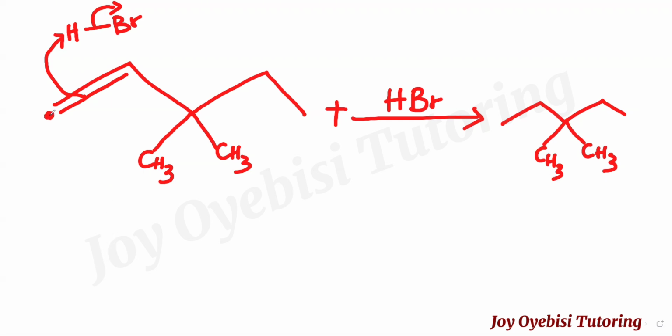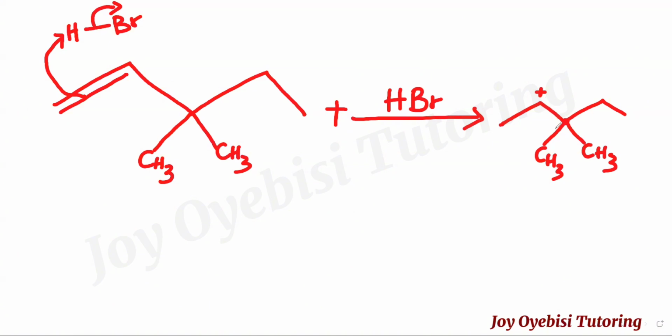This side of the carbon is less substituted, so your hydrogen goes there. I'm not going to show that hydrogen. Then you must have a positive charge on this side.